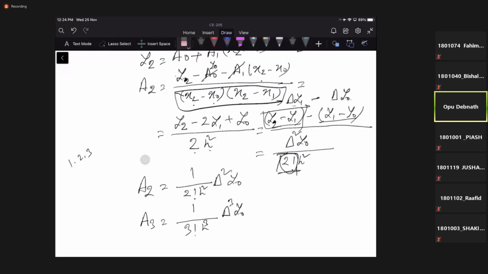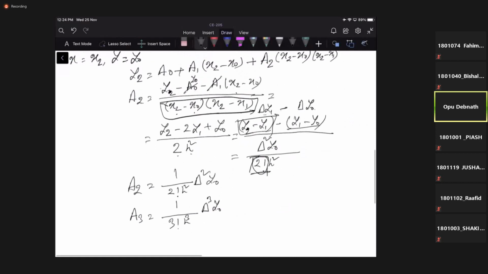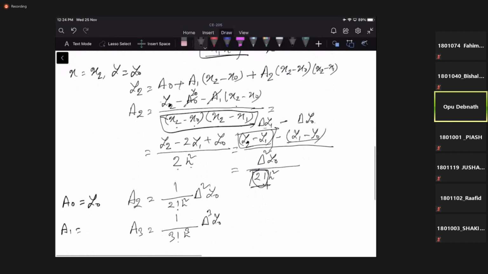So notice here is a harmony of the coefficients. a0 is equal to y0. a1 is 1 by h del y0.